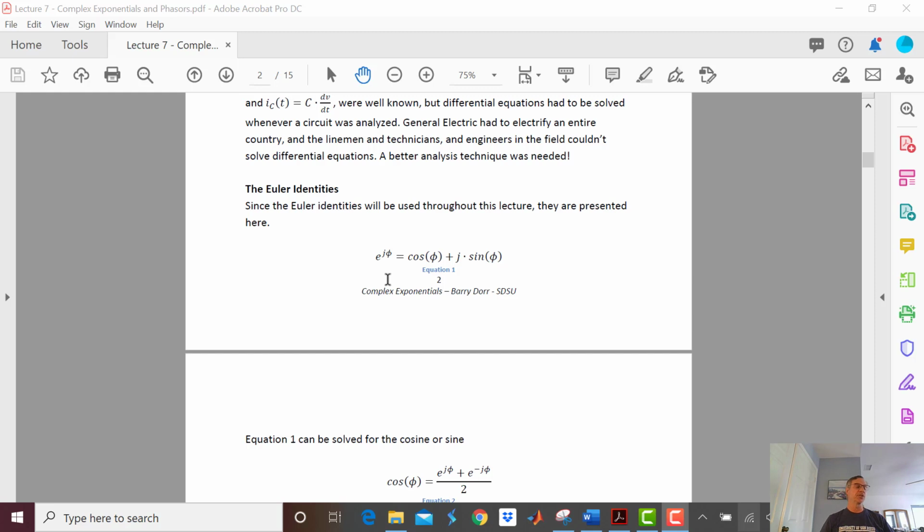The mathematicians use I as the complex operator, but in electrical engineering, we use I for current, so we use J. But here's the basic formula for the Euler identity. E to the j phi equals cosine phi plus j sine phi.